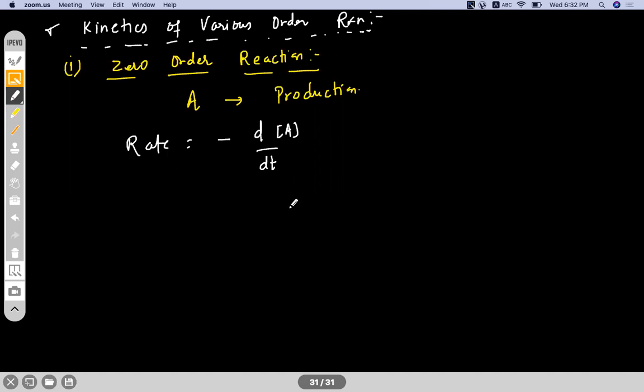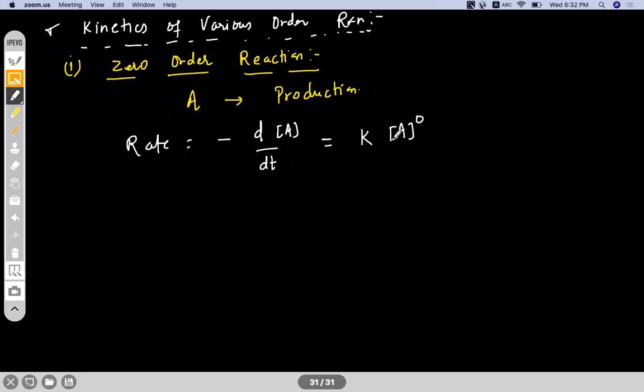And if you relate this with the law of mass action, the rate equals the rate constant k into the concentration of the reactant species to the power of the order of the reaction, right?